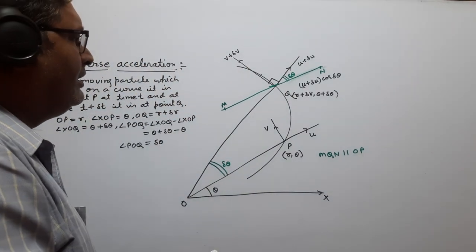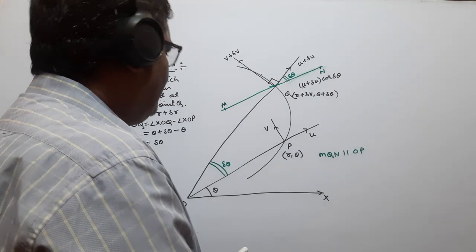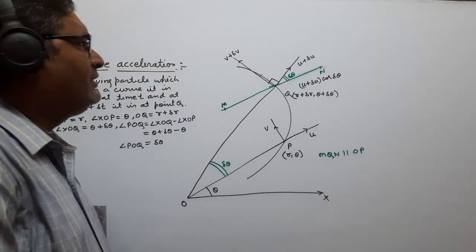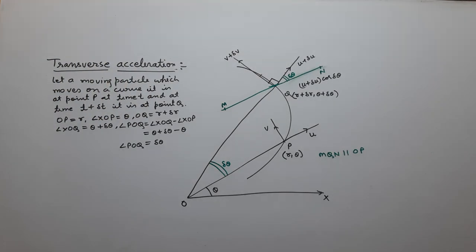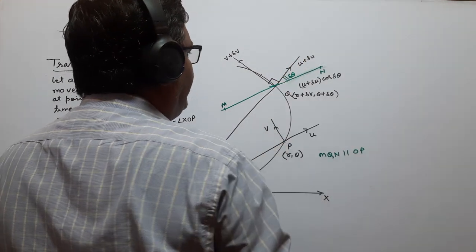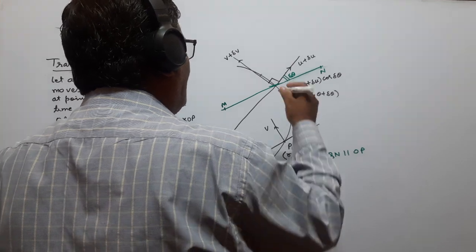Now we can see here the transverse velocity at... here we find the component of u plus del u which is perpendicular to MQN.